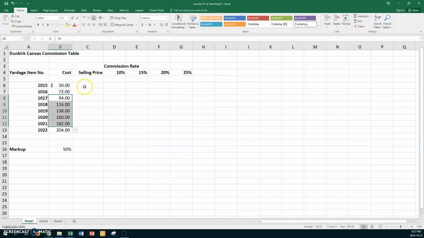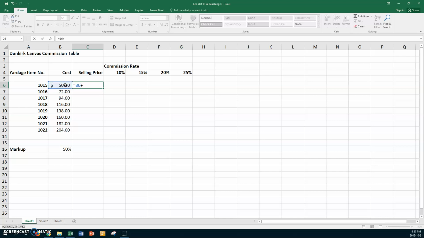That's good. All right, if your cost is $50 and you're marking it up 50%, what's your selling going to be? So equals, and you got to take your cost price. Now, plus, because you're marking it up, open your parentheses, your cost times 50%. And 50% you know has to be absolute, because everyone's going to be marked up 50%.